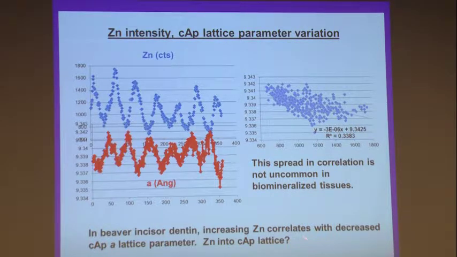And this suggests that, in fact, the only way this could be happening is if zinc is incorporated in the hydroxyapatite lattice. This is sort of interesting because the carbonated hydroxyapatite particles are very, very thin. So it might be we're far enough from equilibrium that we can get zinc into the lattice.